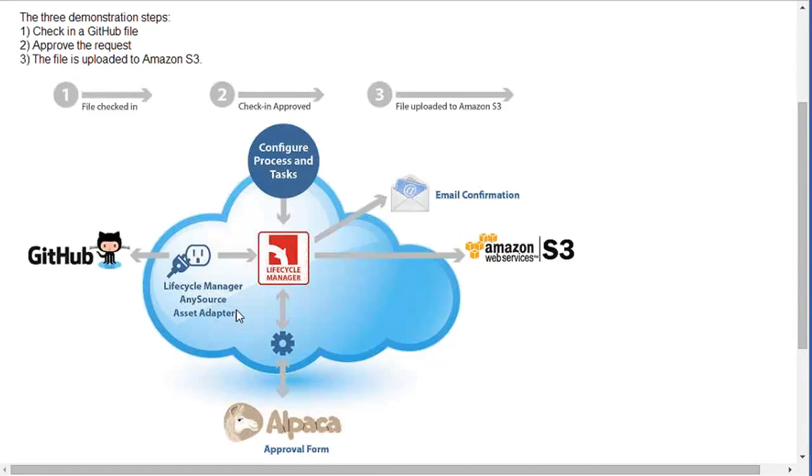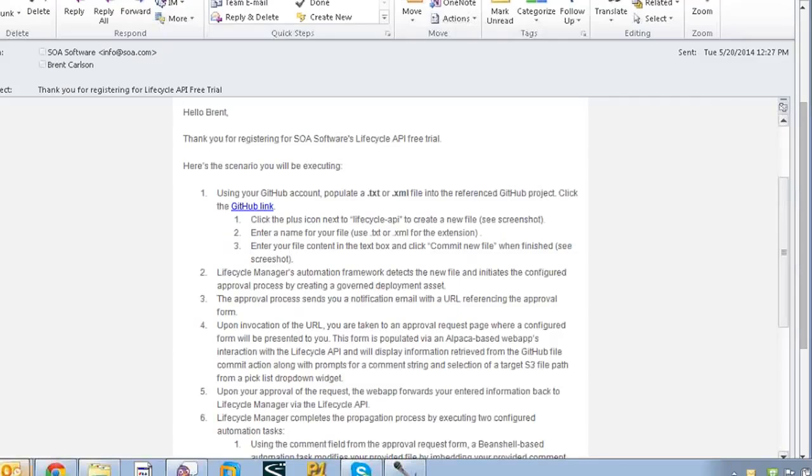The source asset adapter is designed for any sort of file-based repository or system of record to be able to interact with that and push content into Lifecycle Manager. So GitHub is supported, other repositories like Team Foundation Server, Rational Team Concert, Subversion, all supported, and can be used in either the cloud or the on-premise scenario.